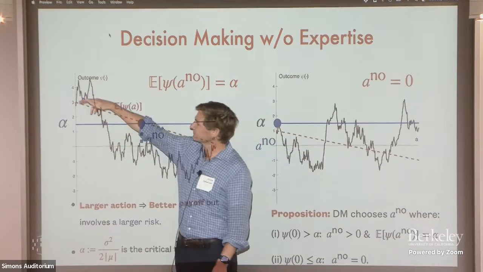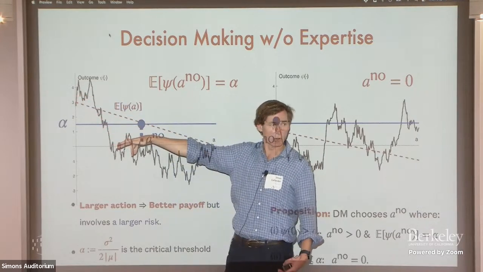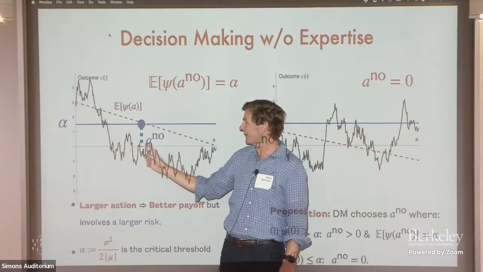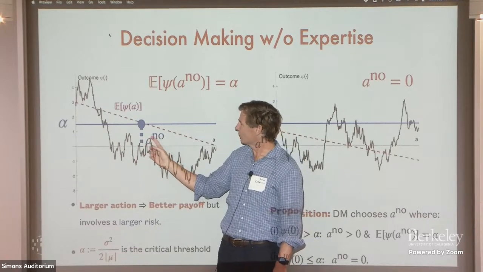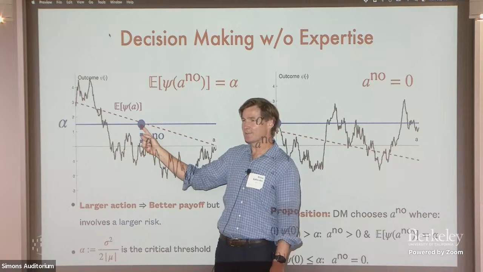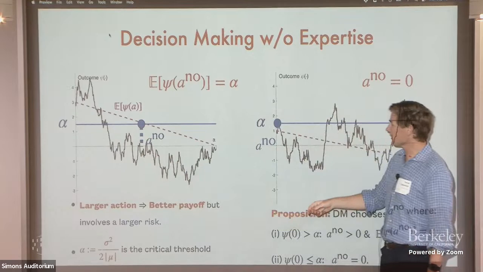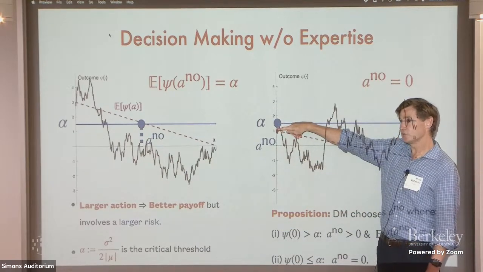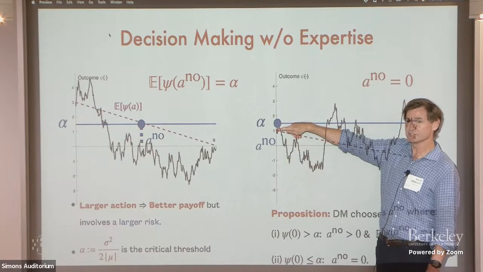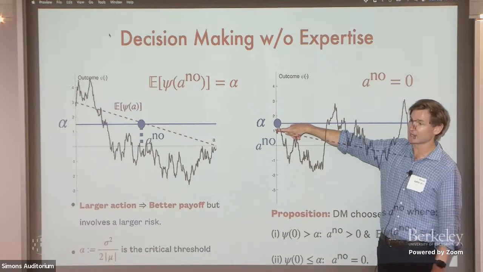So if the status quo point is beyond alpha, your optimal experiment on your own is some A_n0, no expert, that has expected outcome alpha. If the status quo outcome starts lower than alpha, then your optimal action is to just choose the status quo, to not experiment, to not undertake any risk.